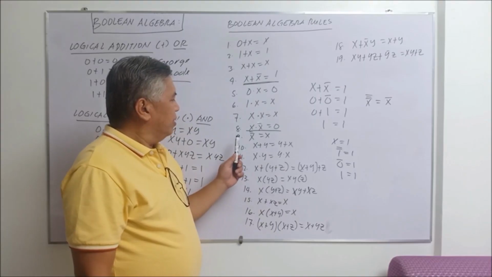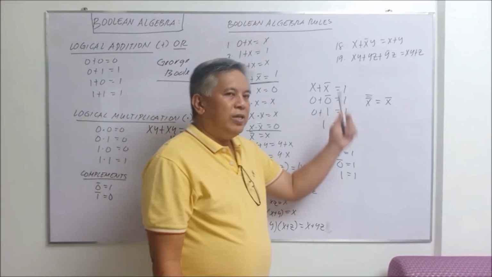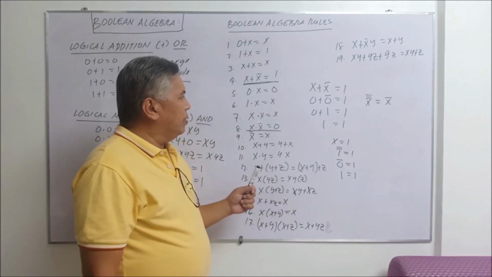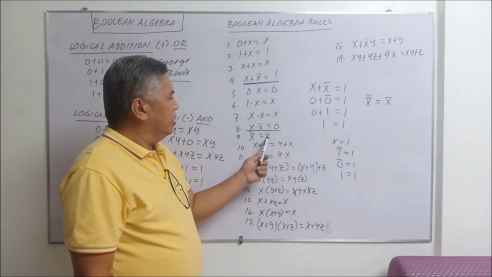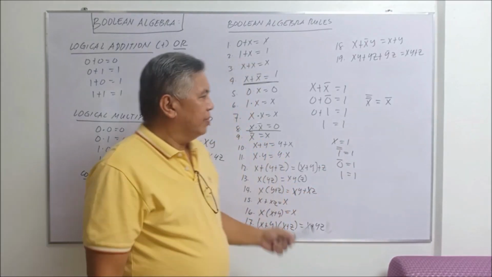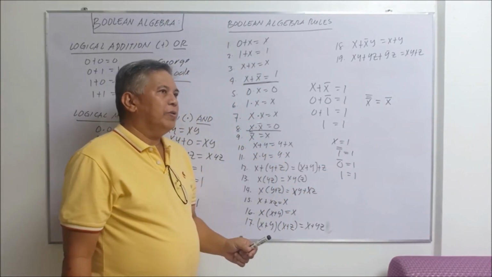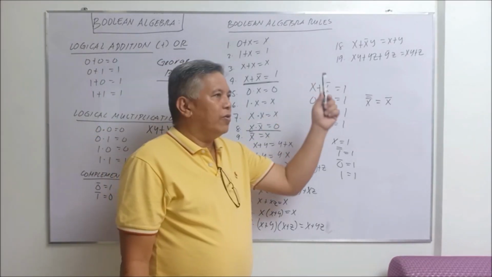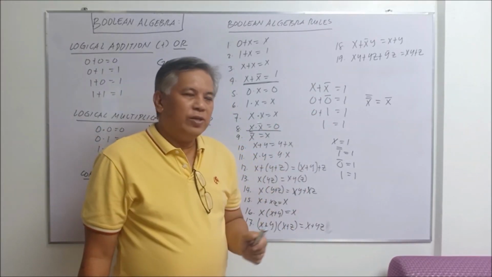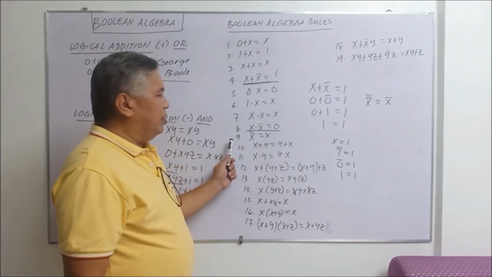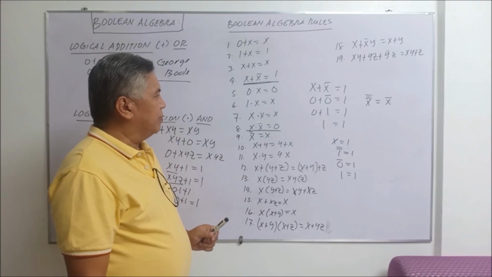If your complements here are an even number of complements, then the result is the non-complemented variable, in this case, for example, x. So x, then you have 4 complements, that will be equivalent to x. That is rule number 9.